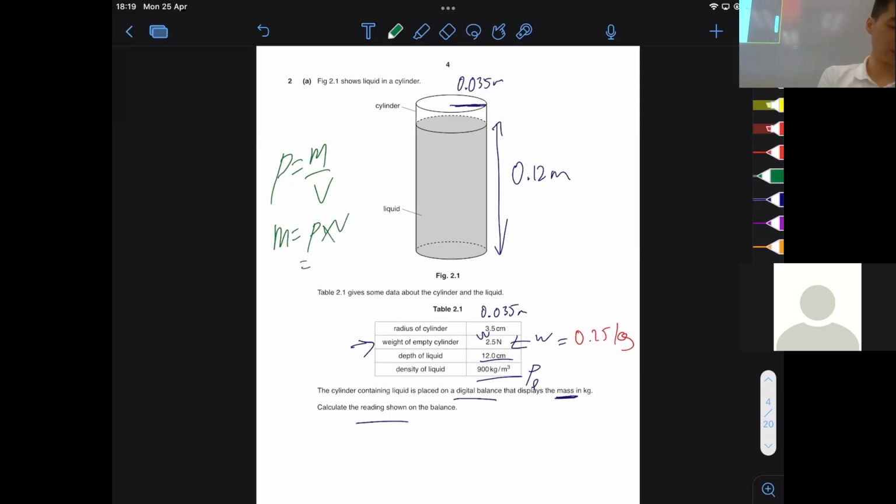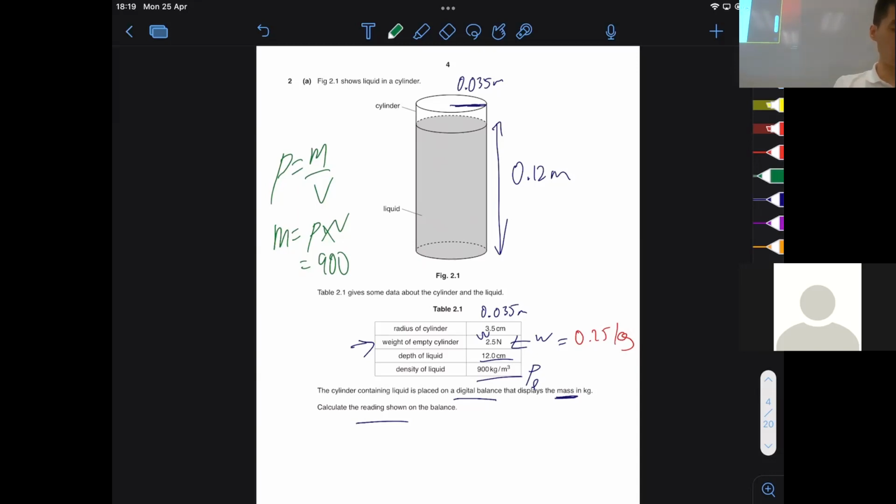I have the density of the liquid, which is going to be 900. I don't have the volume of the cylinder. What's the formula for the volume of a cylinder? Pi r square h, very good.